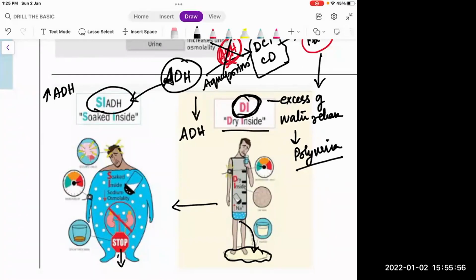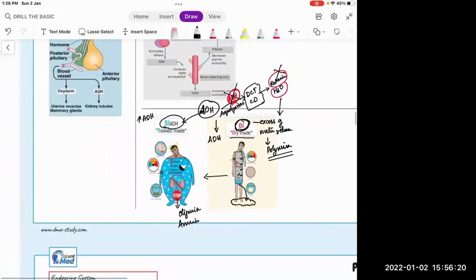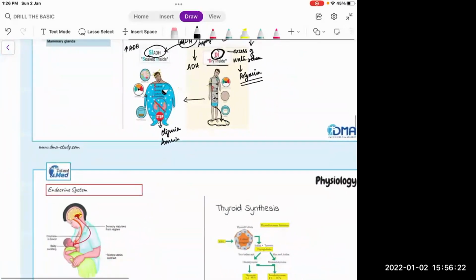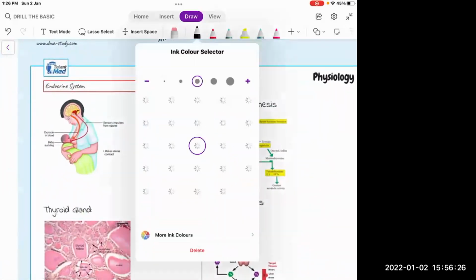Here you encountered polyuria, but here it is oliguria, only a very small volume, or no urine, anuria. Okay, so you call it the syndrome of inappropriate antidiuretic hormone. So these are the two common clinical features you will encounter with ADH. And the other one is oxytocin.